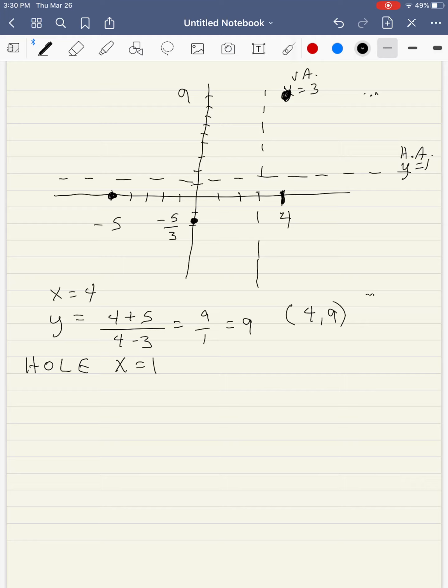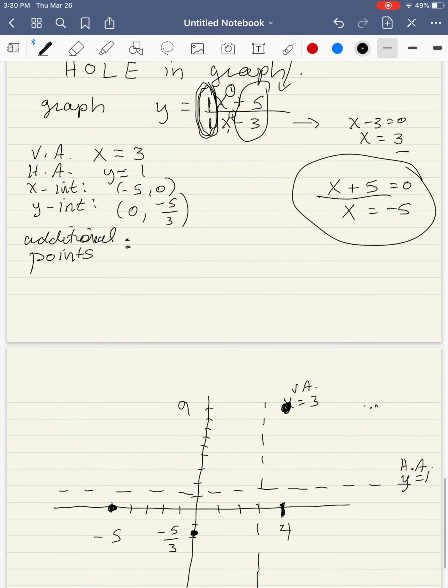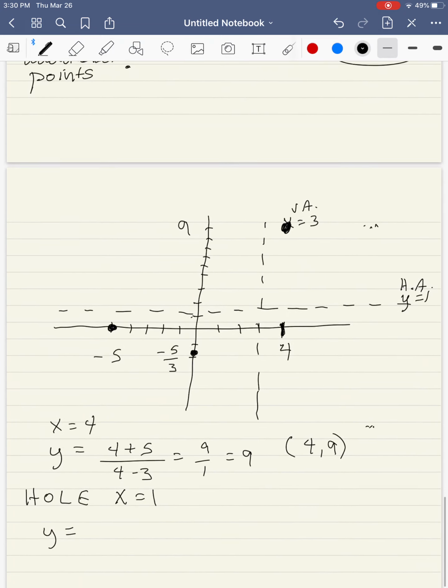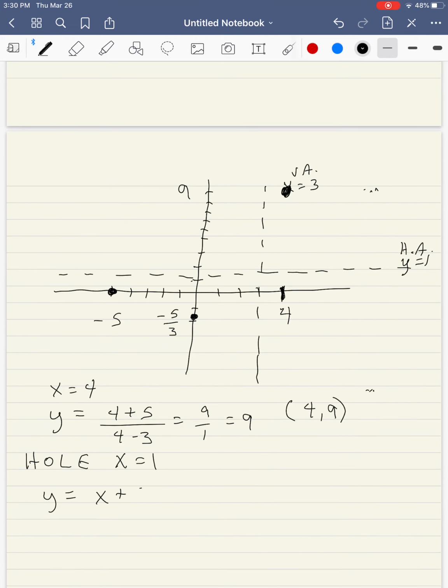So if we go back and we find out where that hole would be, if it could be there, we're going to plug the x equals 1 back into what the function looked like after we did the canceling. So we can plug the 1 in. And we get our hole is going to be where x equals 1 and y equals 3.